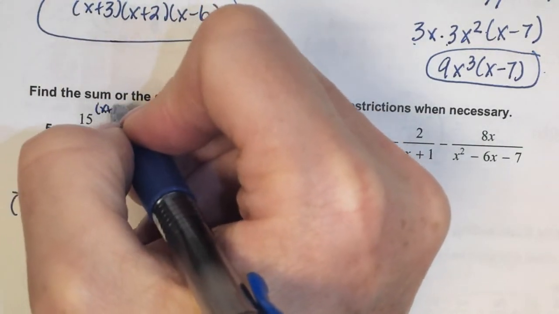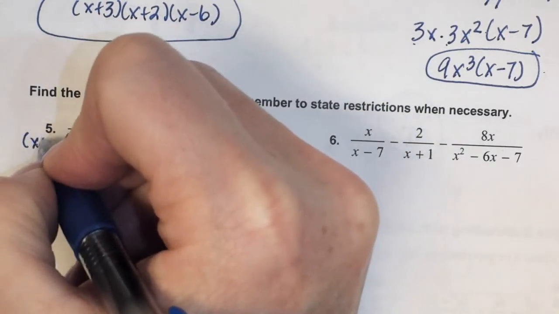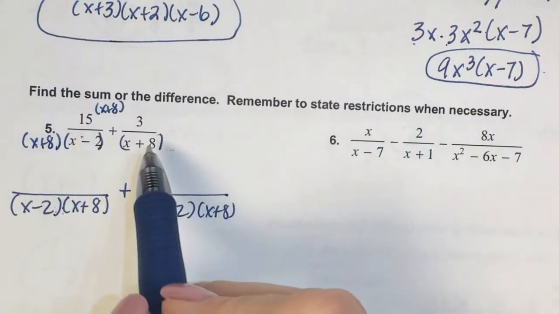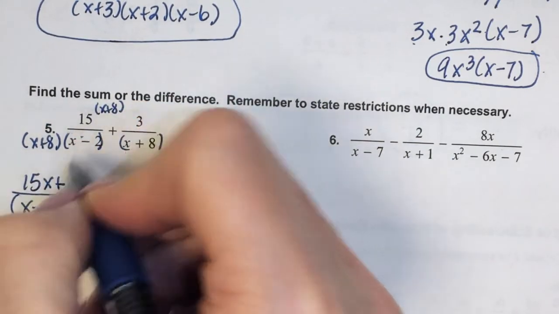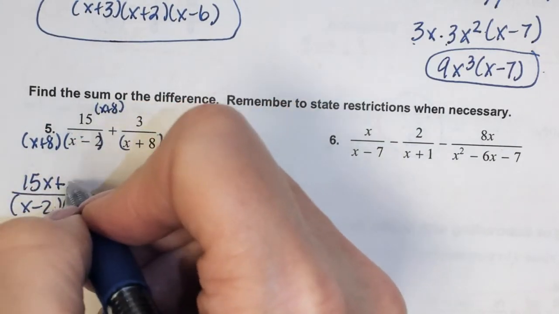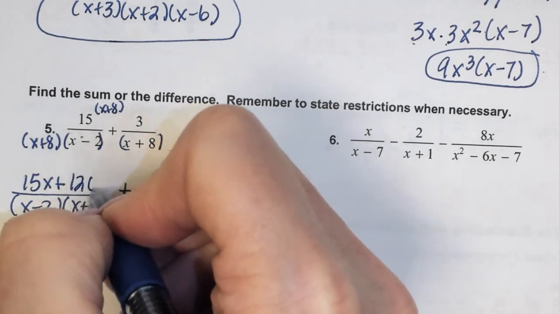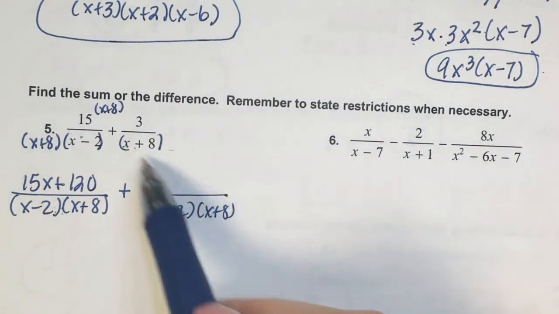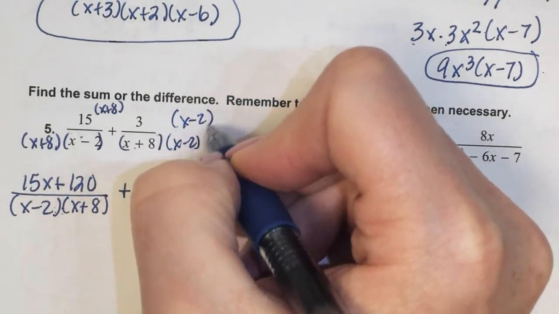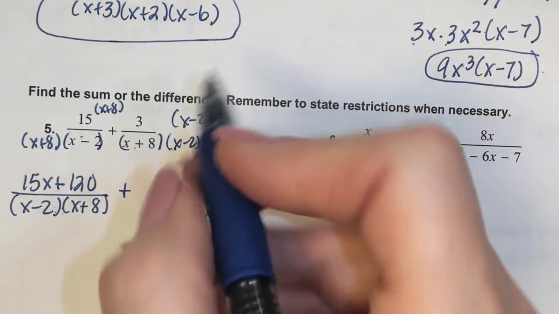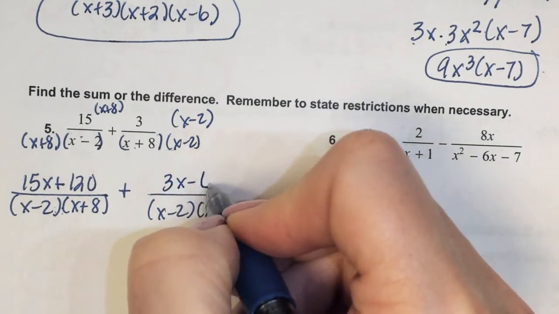So I have to multiply by x plus 8 on top and x plus 8 on bottom. So for this first one then, I'm going to have 15x plus 120. For this term, I'm missing x minus 2, so I have to multiply the top and bottom by x minus 2. Distribute it out, and I have 3x minus 6.